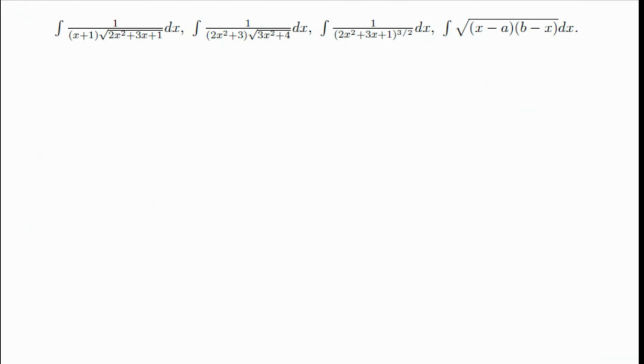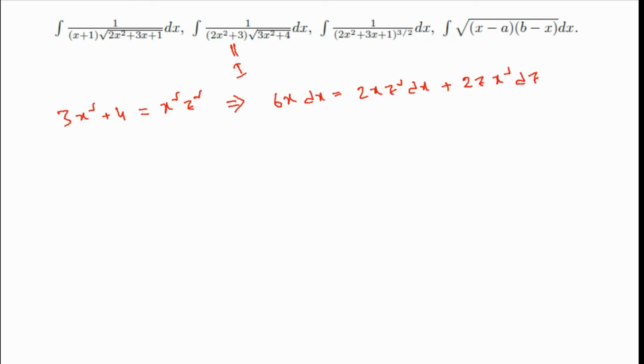Now for the second problem, let's denote it by I. We will put 3x square plus 4 equal to x square z square. From here we can get 6x dx equal to 2x z square dx plus 2z x square dz.